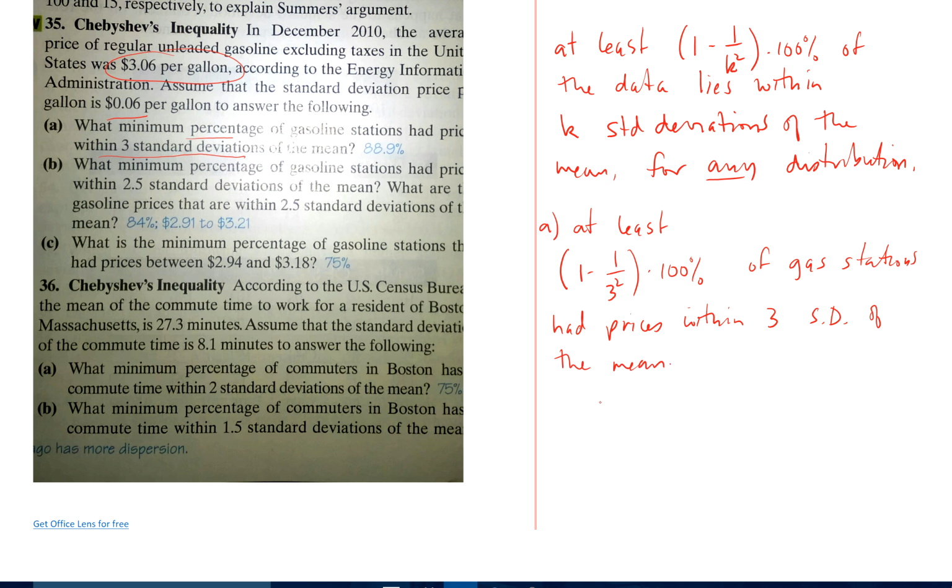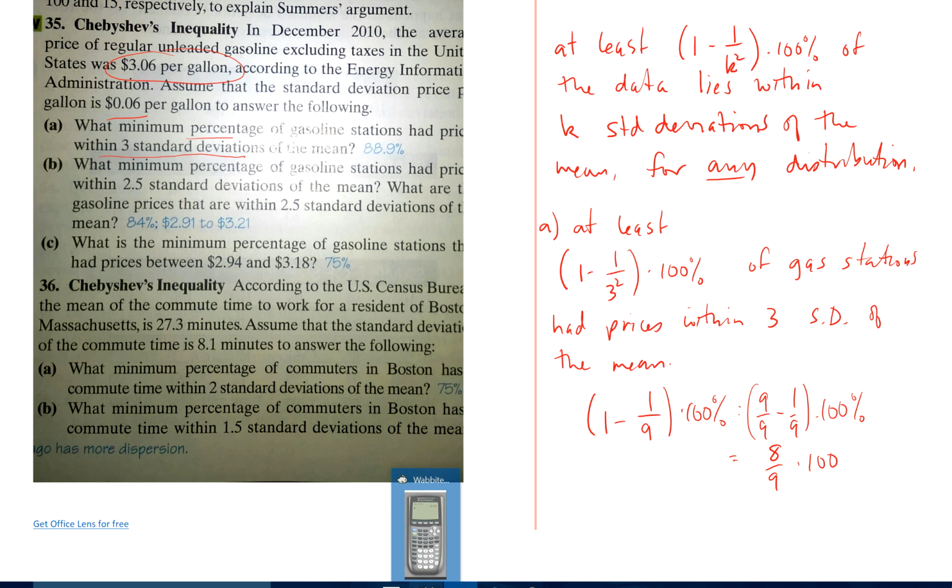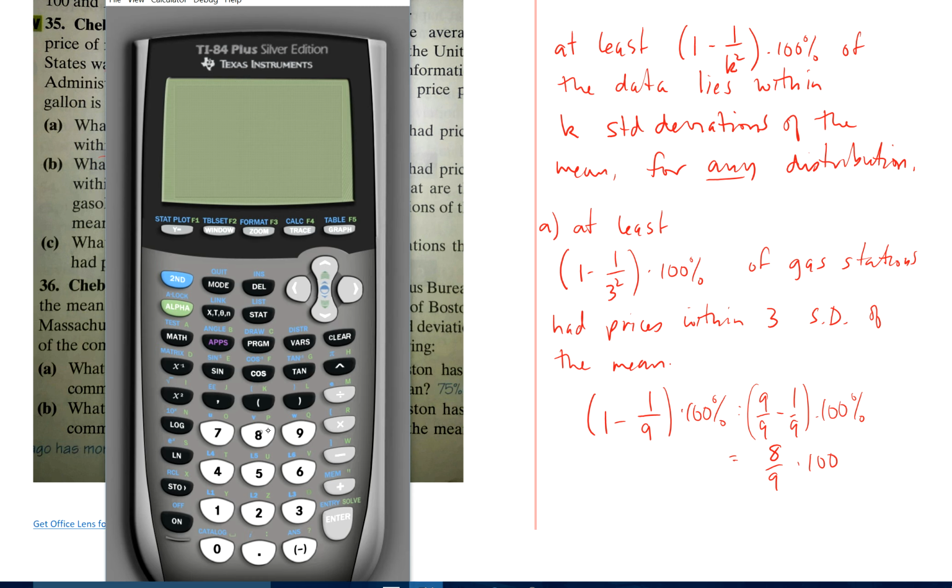So let's do that calculation. 1 minus 1 over 3 times 3 is 9 times 100%, which is 1 minus 1 ninth, so that's 9 ninths minus 1 ninth times 100, which is 8 over 9 times 100. So on my calculator, that's 8 divided by 9 times 100 to convert that decimal to a percent.